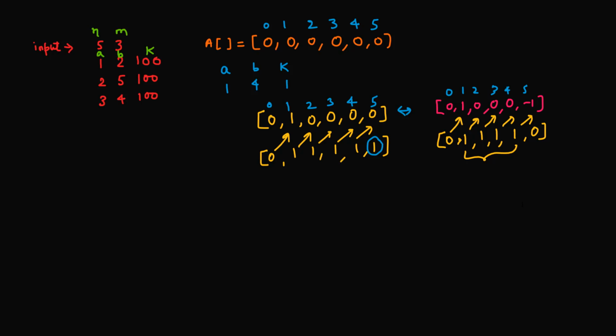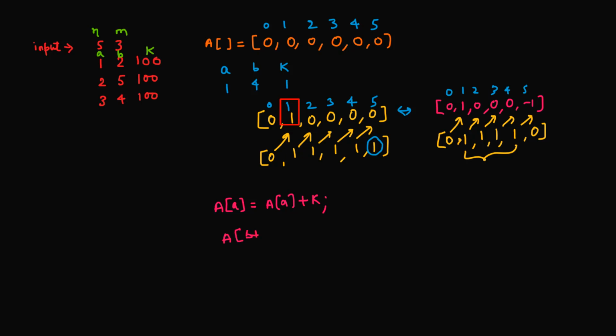Let's do something more so it will be clear. But before that, I would like to tell you how we are going to update this array. Instead of adding all the elements in a for loop from A to B, we are going to update the element using the A and B indices. We are going to add k to whatever element was there at the A index. But at the same time, we are also going to add minus k at the B plus 1 index.